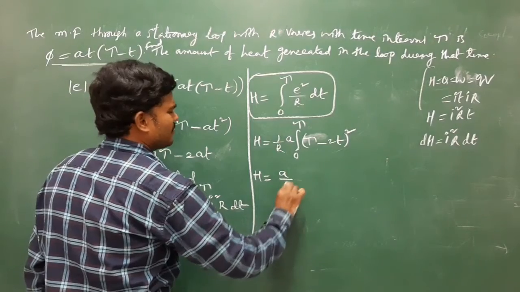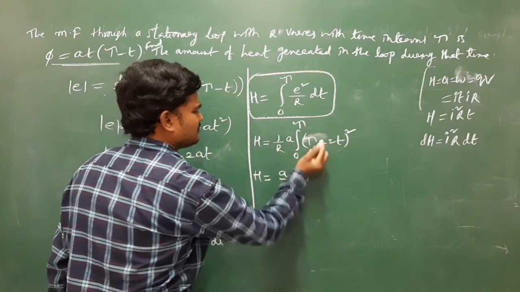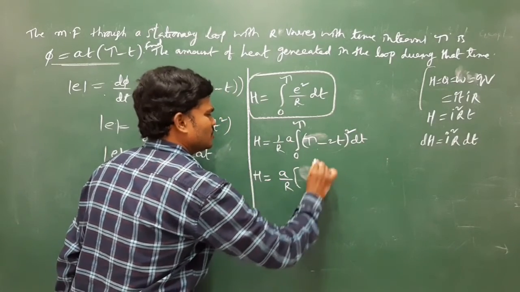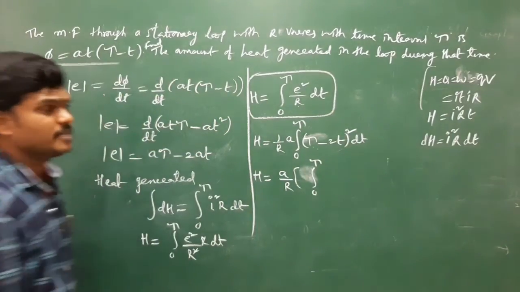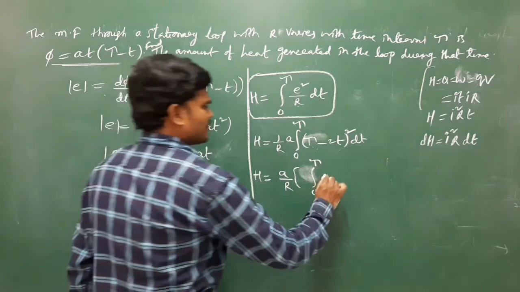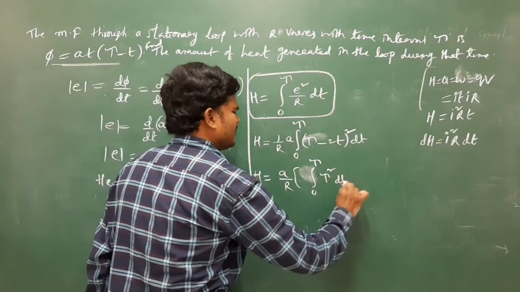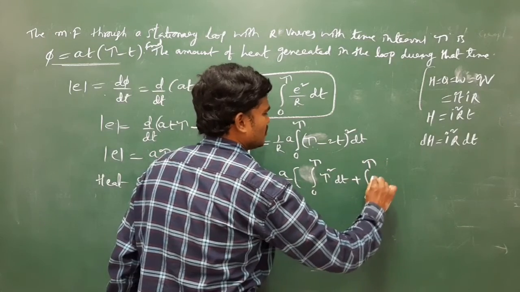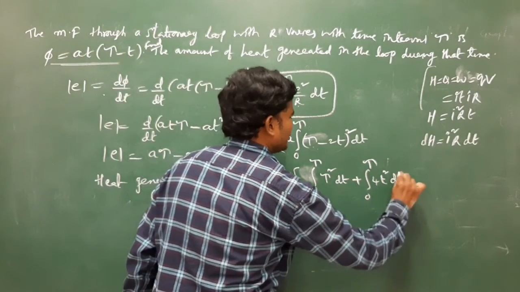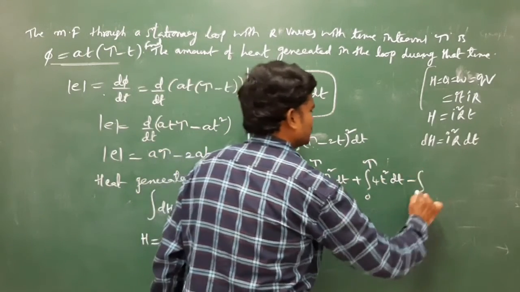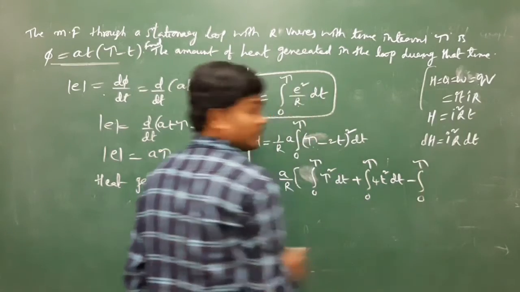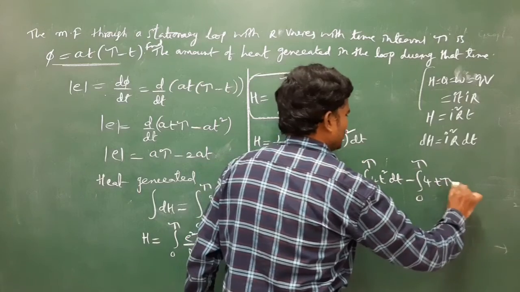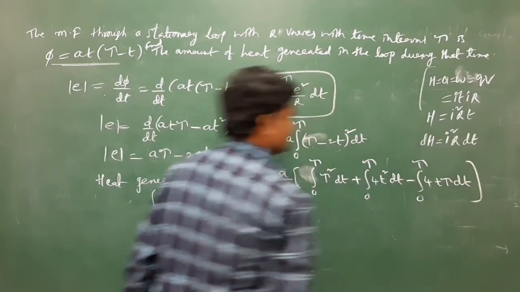So A by R, dt is there, from 0 to tau, split up this one as (a minus b) whole square: tau square dt plus the integral from 0 to tau of 4t square dt minus the integral from 0 to tau of 2ab, so this is 4t tau dt.